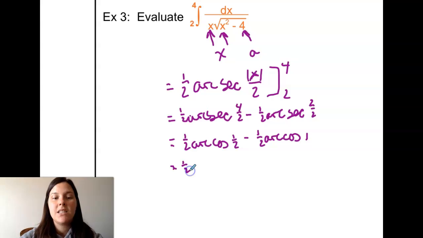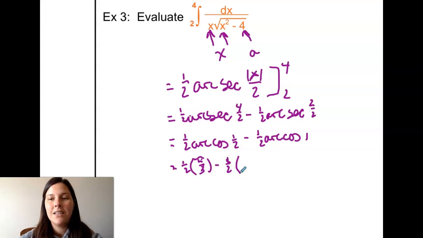All right, take a minute to think about what angle gives us a cosine value of 1/2. Hopefully you came up with pi over 3, because cosine goes 3 to 1, so it's the larger angle. And then take a second and come up with the arc cosine of 1.